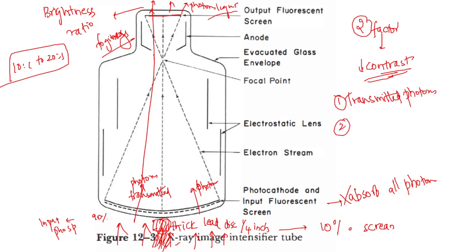The second reason for decreased contrast is from the output fluorescent screen. There are electrons which pass here, and sometimes the electrons activate the output fluorescent screen, which results in production of light, right?